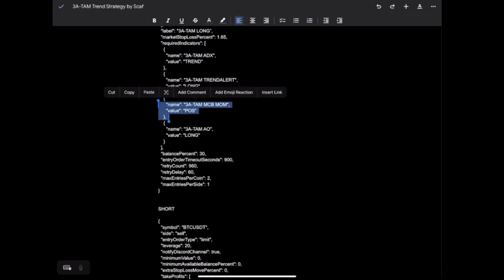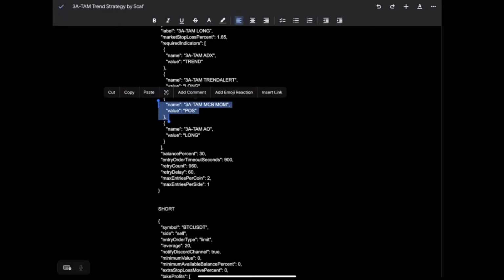Now, this here says positive. When I say MOM, what I'm referring to in my shorthand is one of the momentum waves. So I don't want just the dark blue wave or just the light blue wave, one or the other. It could be either. So what I had to do was program, and I'm going to go down here a little further, a confirmation called 3810 MCB MOM.